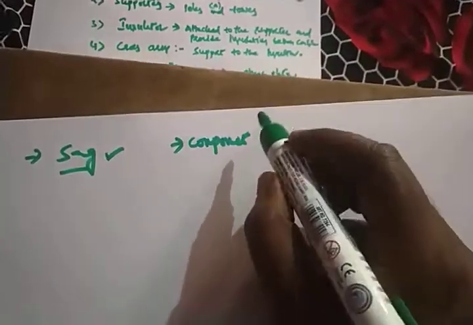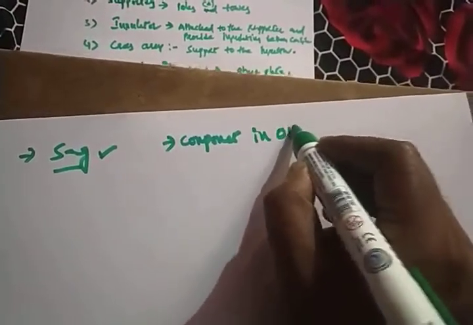In the last session we just started the definition of a sag. Mainly, what are the different components in our overhead transmission system?